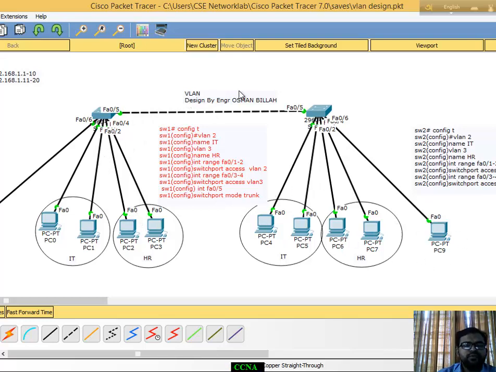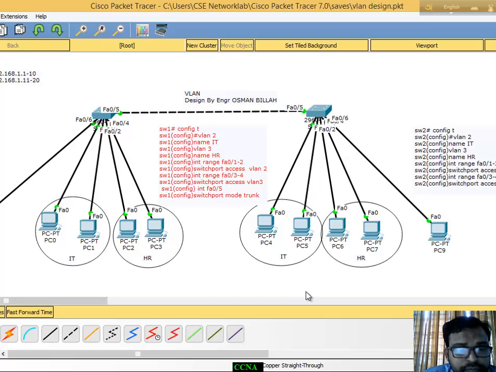VLAN means virtual LAN. Although we are on a switch, we should imagine we are staying in a LAN. So there is a restriction on communication between the two departments, as a privilege or priority based communication.